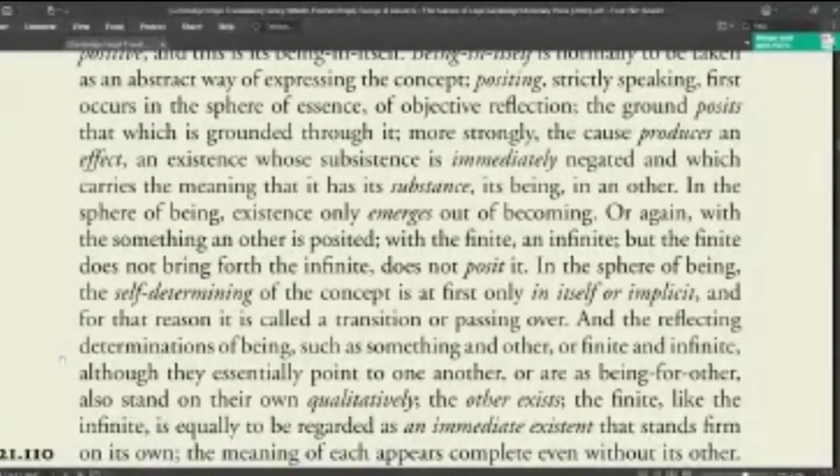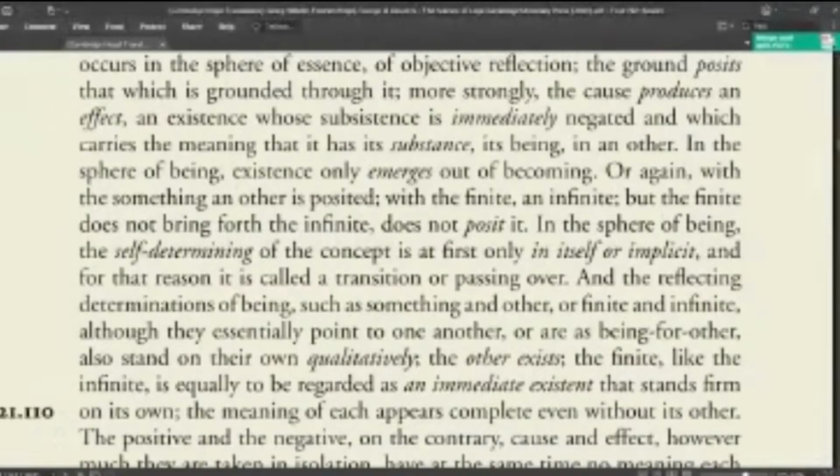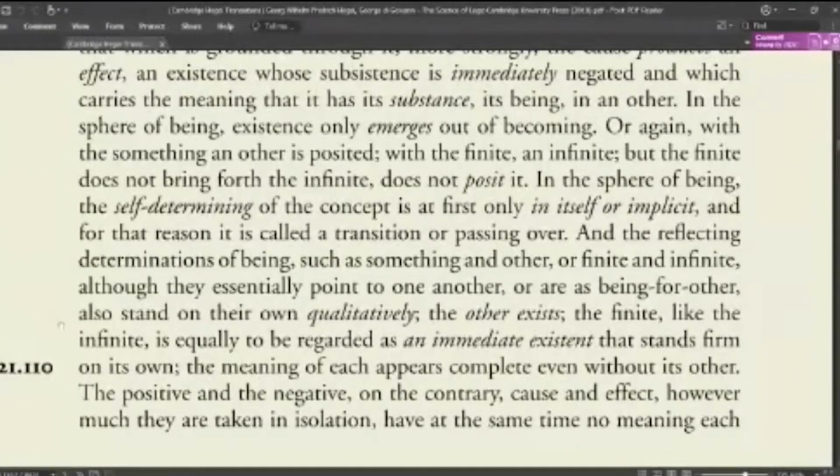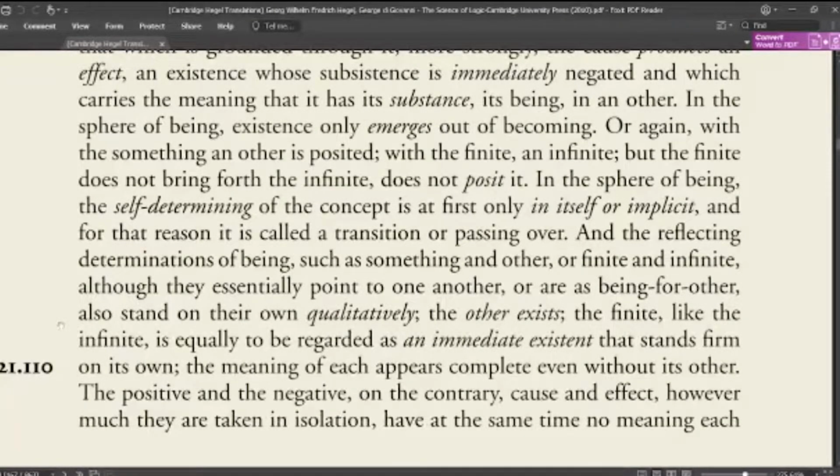In the sphere of being, the self-determining of the concept is at first only in itself or implicit, and for that reason it is called a transition or passing over. And the reflecting determinations of being, such as something and other or finite and infinite, although they essentially point to one another, or as being for other, also stand on their own qualitatively. The other exists.